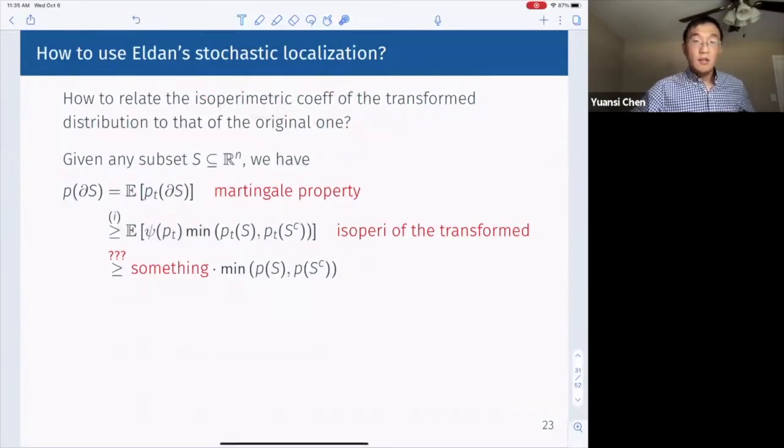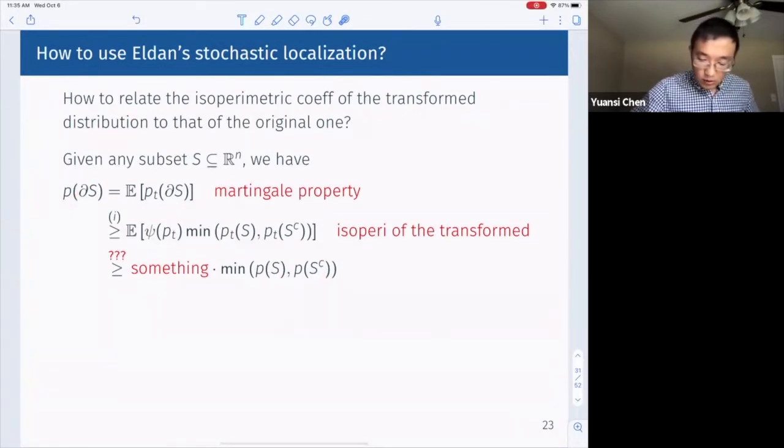The main idea here is that you want to prove that the boundary measure is larger than something times the minimum of the volumes P(S) and P(S complement). And the intermediate you use is this transformed distribution.